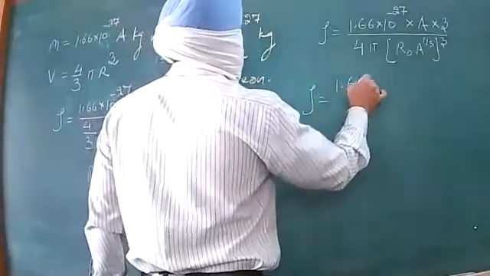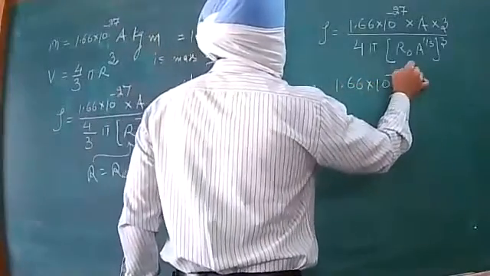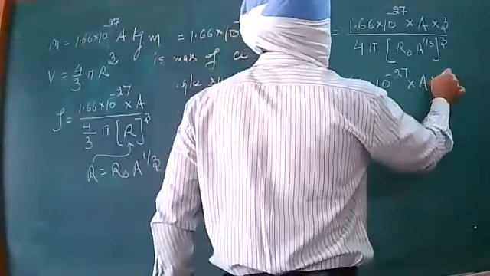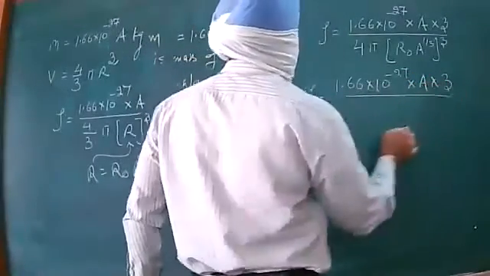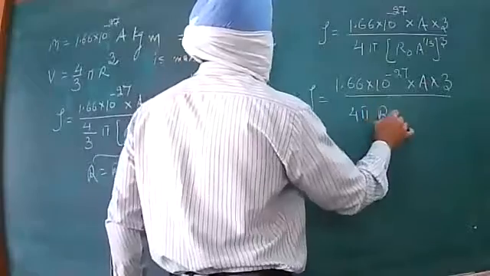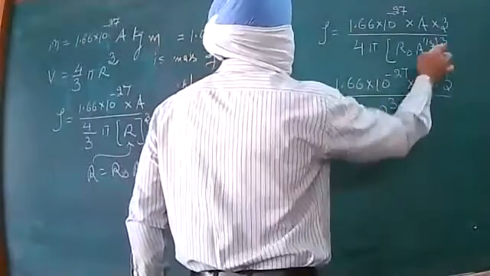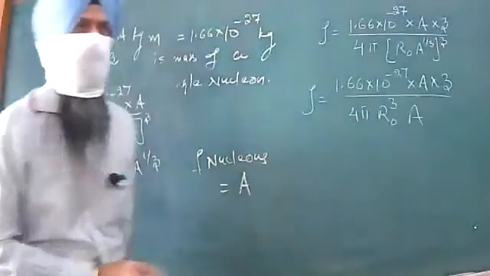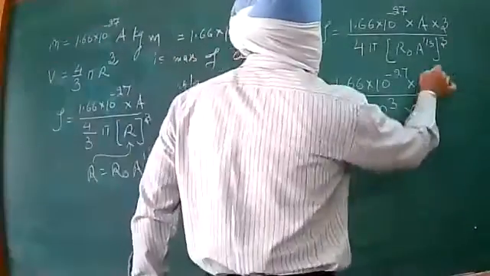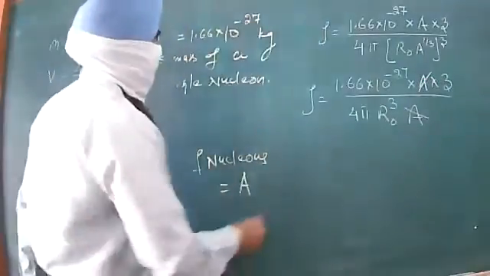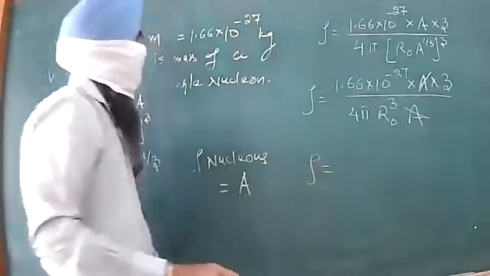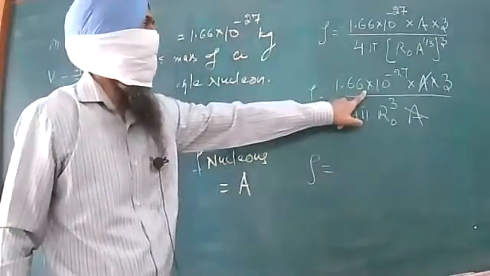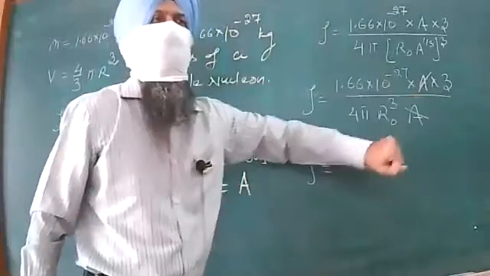Rho is 1.66 × 10^-27, this is your A, this is your 3 in the denominator, 4 π r₀³, and the cube root and cube will get cancelled. You can well see A is also getting cancelled. Dear children, on the right hand side we have only a numerical value.